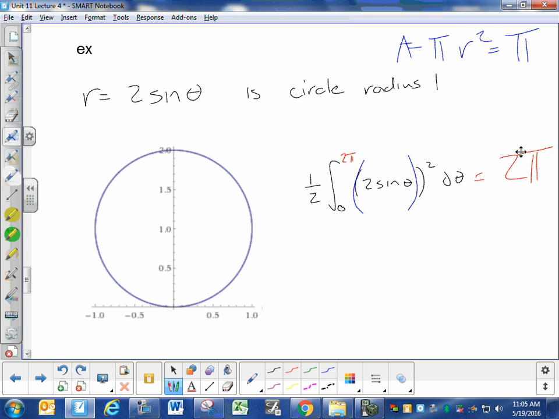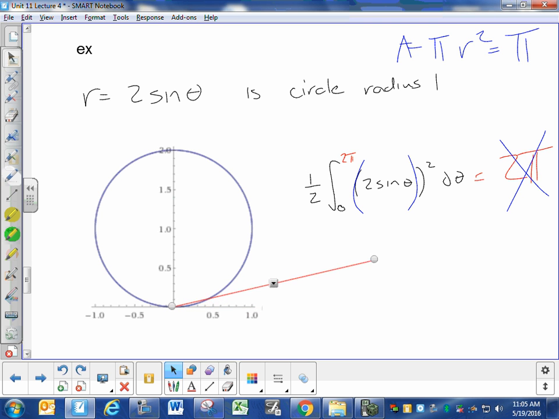Well, this is definitely right. This can't be right. Why? Because we're going around the circle twice. Let's see. I start at the point 0, 0, when my angle is 0, my radius is 0. These would be the points at pi over 4, pi over 3, pi over 2.